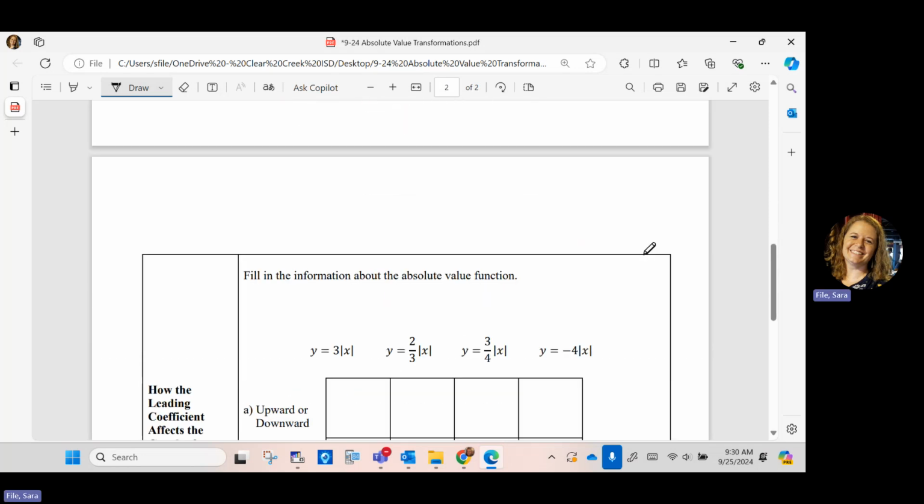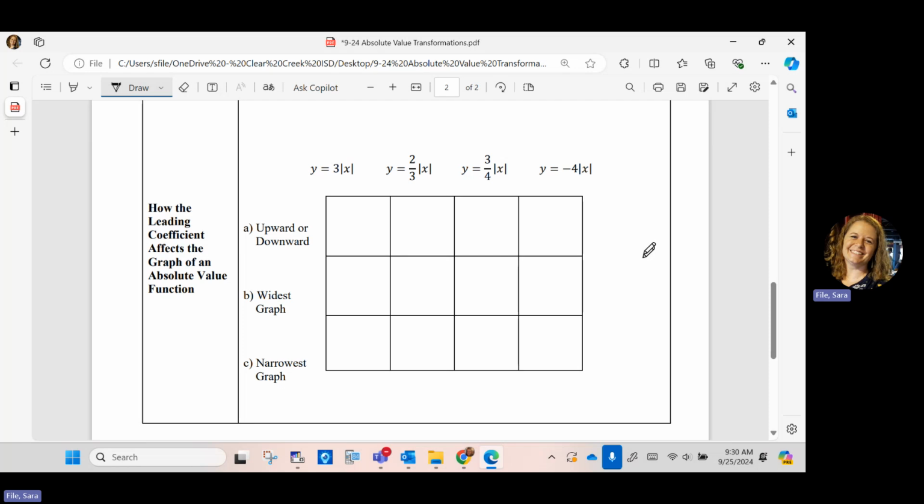All right, flip over. We're going to look at this chart on the back. So this is just a basic little chart. This is focusing on your A value. We already said on the front, that A value, leading coefficient, that's our A value.